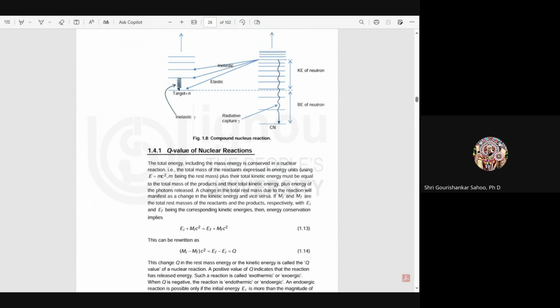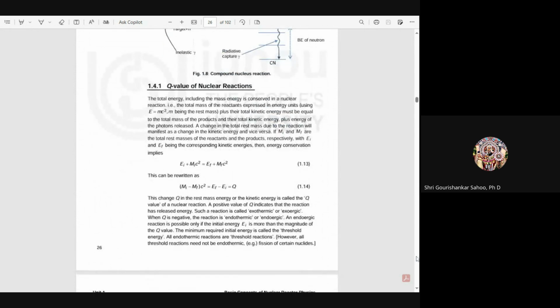So if MI and MF are the total rest masses of the reactants and the products respectively, with EI and EF being the corresponding kinetic energies, then energy conservation implies EI plus MI c square is equal to EF plus MF c square, and this can be written as MI minus MF multiplied by c square is equal to EF minus EI is equal to Q, and this Q is the rest mass energy or kinetic energy change, known as the Q value of the nuclear reaction. So if Q is positive, then it releases energy. If Q is negative, it absorbs energy.